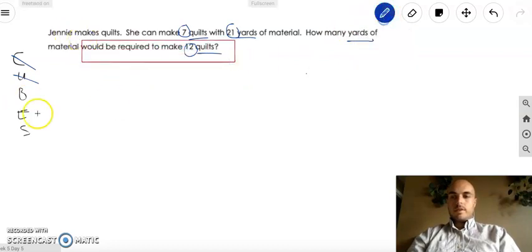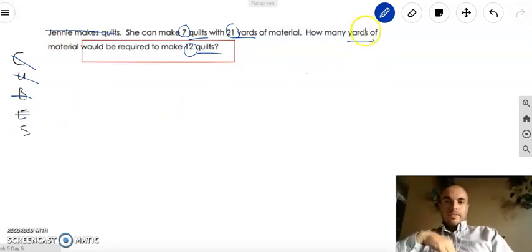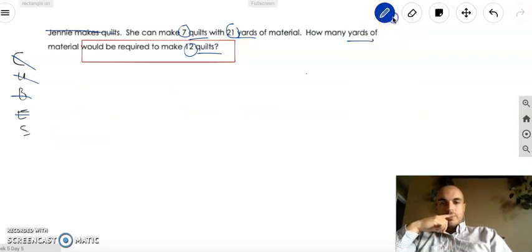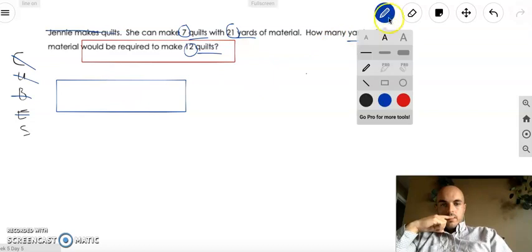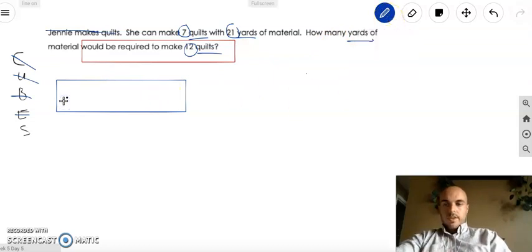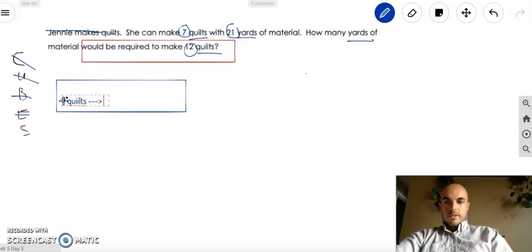So let's eliminate. I don't care that she's making quilts. In terms of solving it, I'm sure they're very nice. Now let's solve. So let's look at this. I'll even put just a little chart here to organize some information. So we know that seven quilts takes 21 yards.